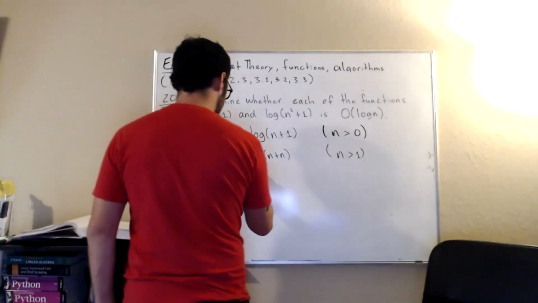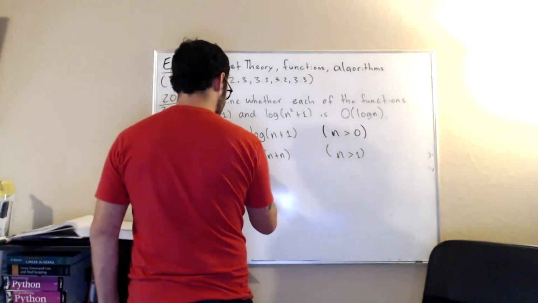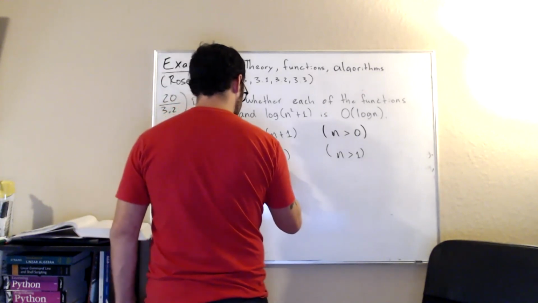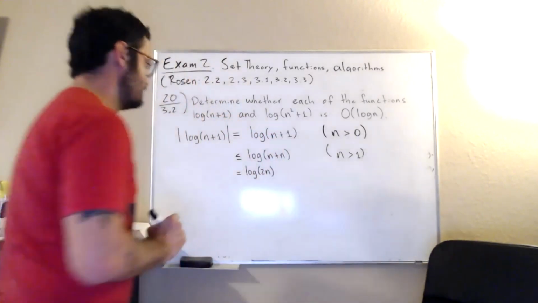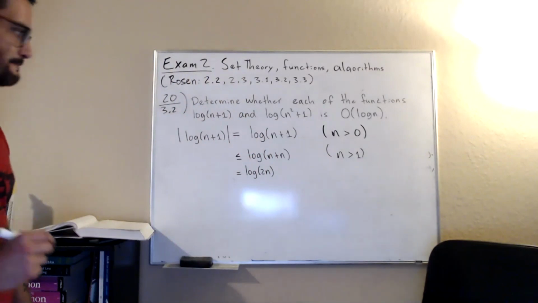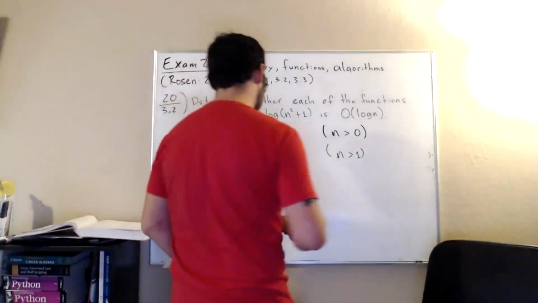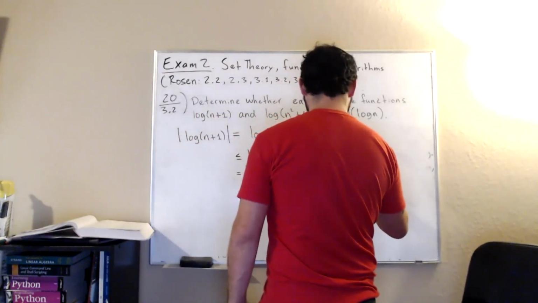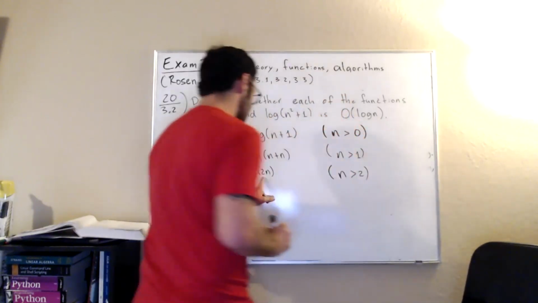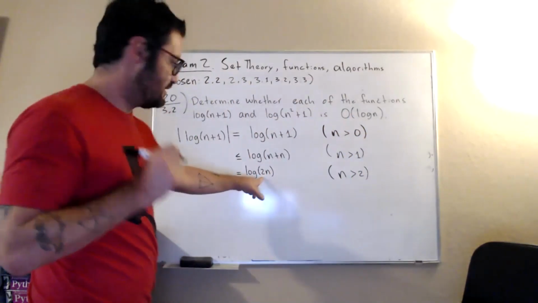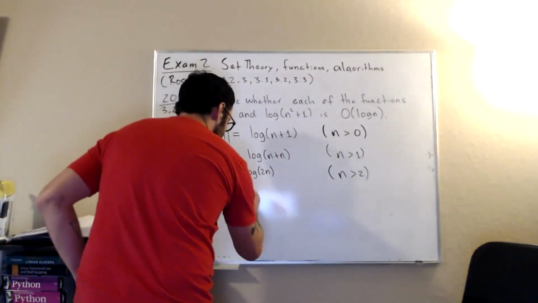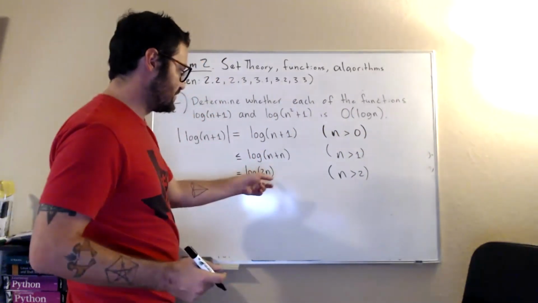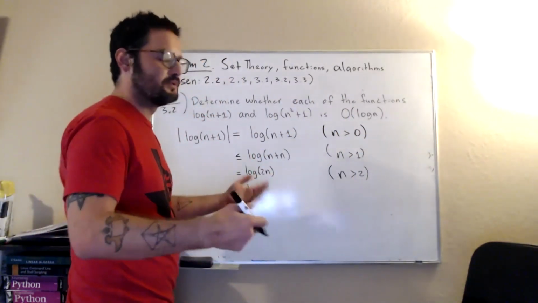And that's equal to log 2n, right? However, we can do this trick again. When n is greater than 2, I can replace that 2 by n. Because, like, if n was 3, then 3 times n would be bigger than 2 times n.